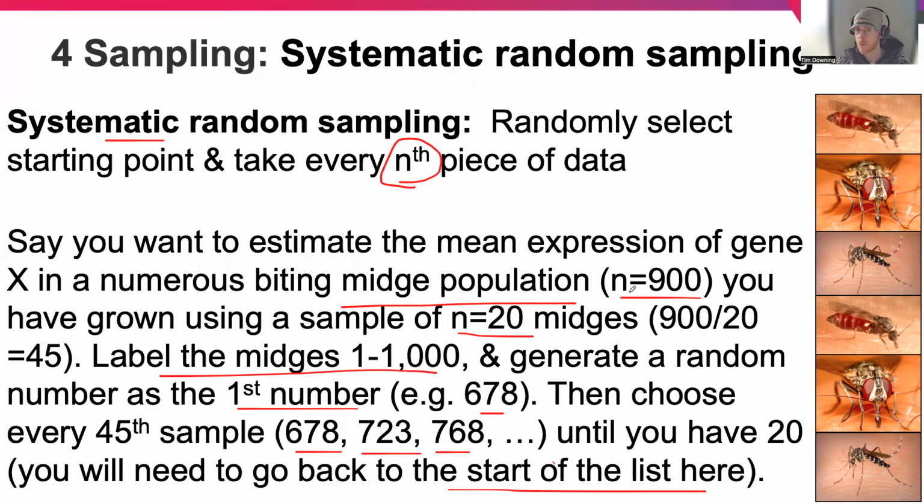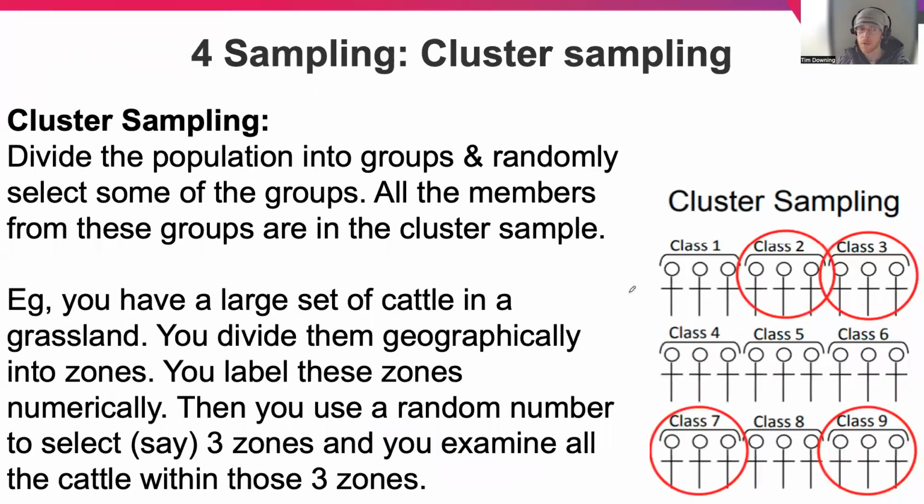Another sampling approach is known as cluster sampling. Here we divide the population into groups and randomly select all of some of those groups. So let's say we have a large set of cattle in a grassland. We can think of a picture here. A bit like quadrats in ecology, we can divide them into zones.